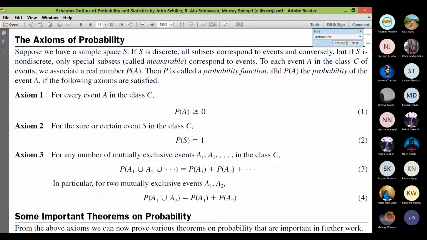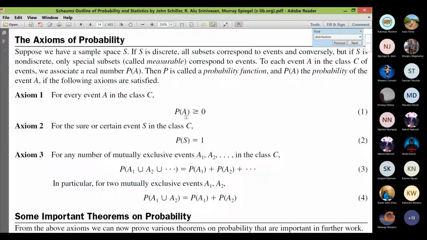P stands for the probability function, and P(A) is the probability of the event A, if the following axioms are satisfied. So for every event A in the class C, the probability of A is either equal to 0 or more.